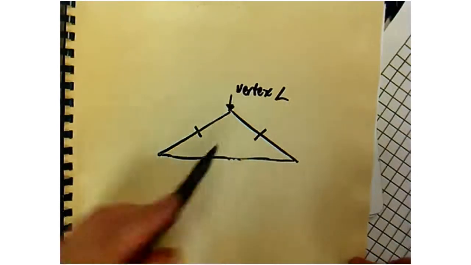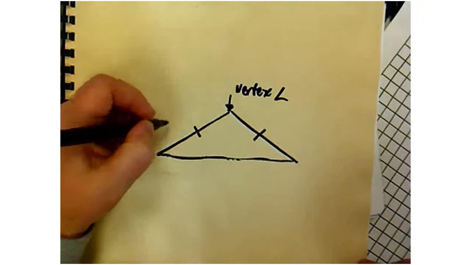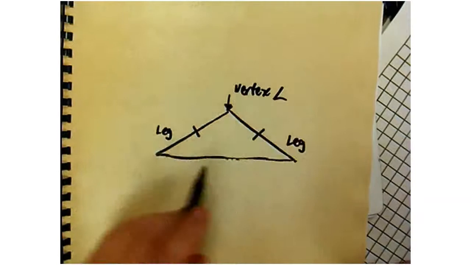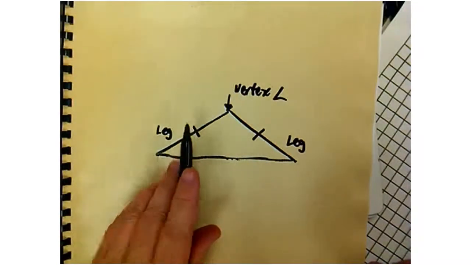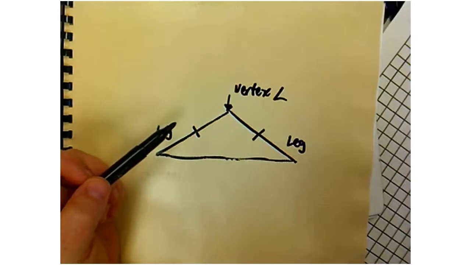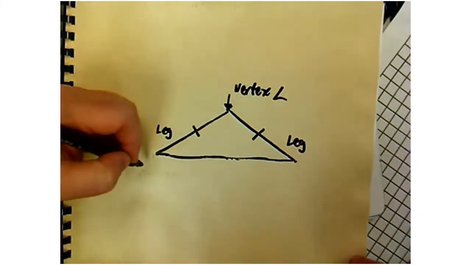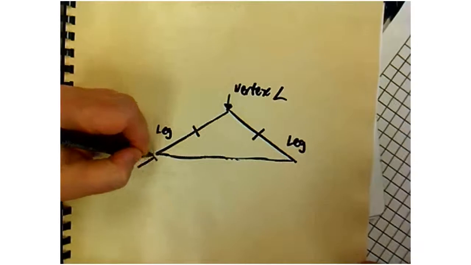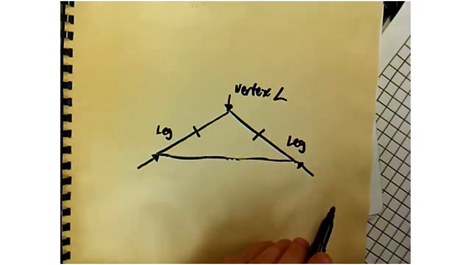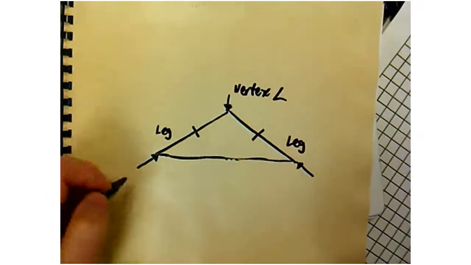The legs, they labeled each congruent side, they call it a leg. And they have a little number 2 because if you turn back a page, it says the congruent sides are called legs. Then they have a little arrow pointing at the left bottom angle and the right bottom angle, and they've labeled those base angles.